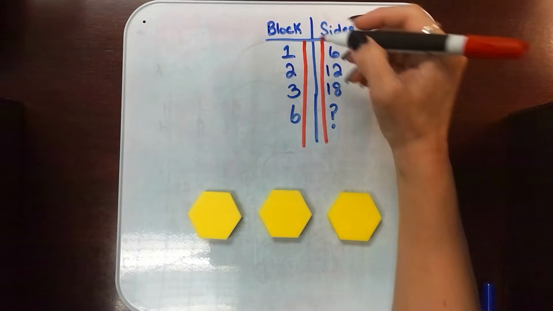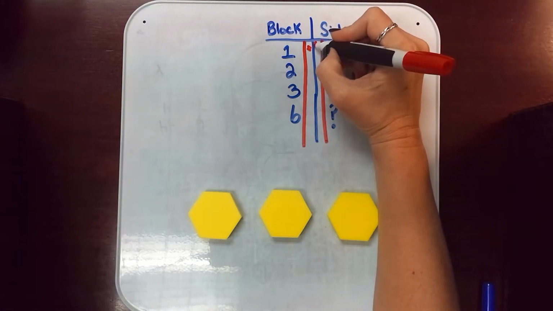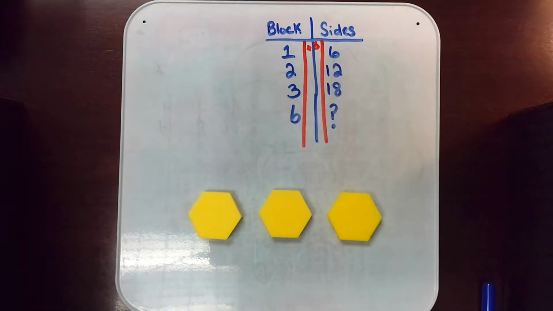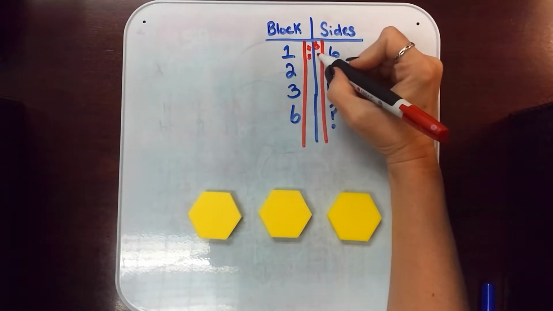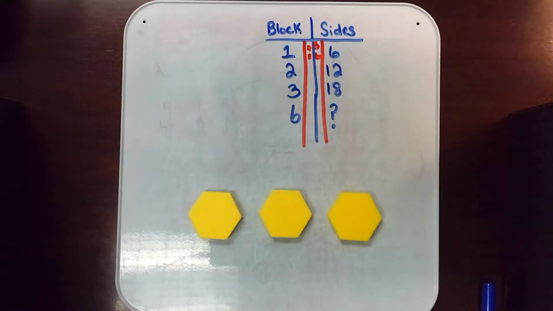Well, they may tell me they added 5. Okay, well, that would work. What else could we do? Well, we could multiply 6. Perfect. So whatever the relationship is, and it's very important for kids to understand this, it has to work for every single number.